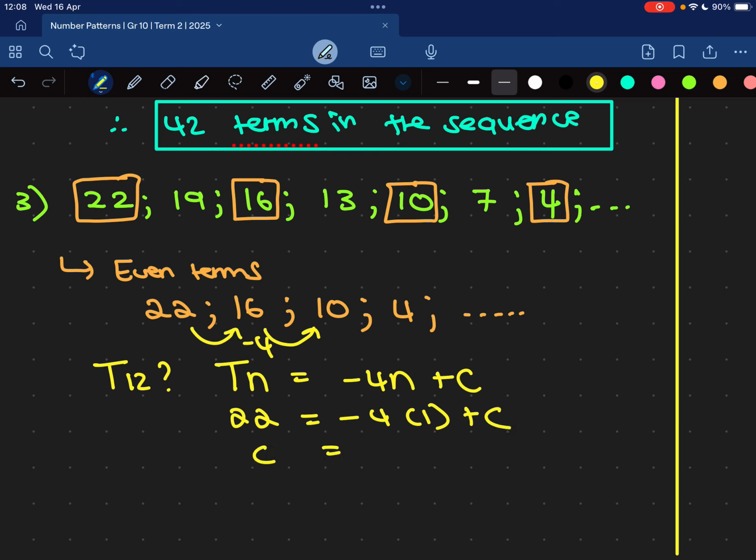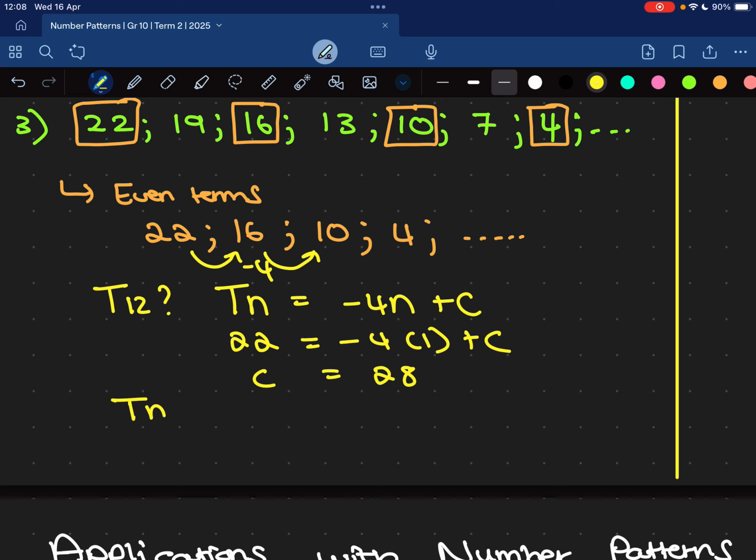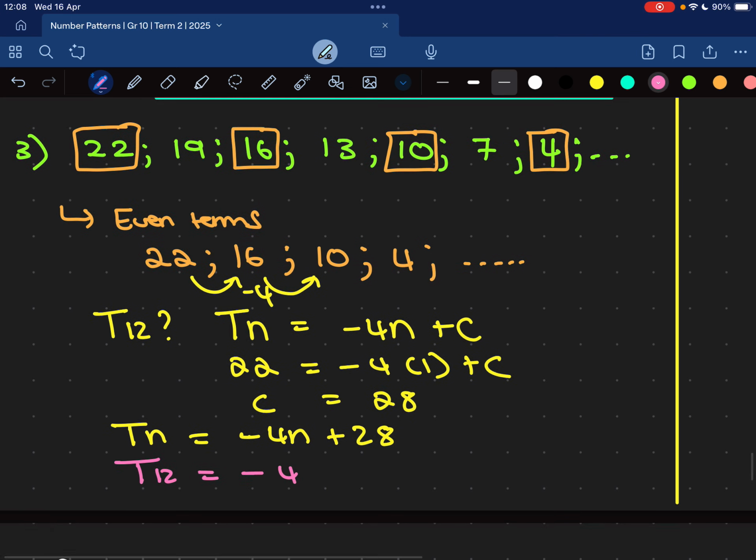So c is just going to be positive 28. So you're just trying to find Tn. So Tn is equal to negative 4n plus 28. Now if they want T12, T12 is equal to negative 4 times 12 plus 28, which is just going to be negative 44.